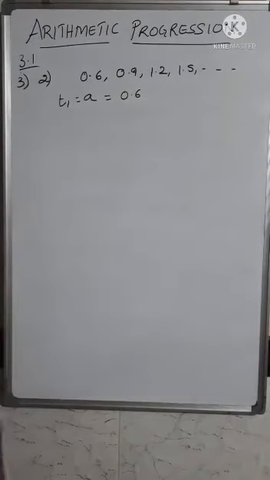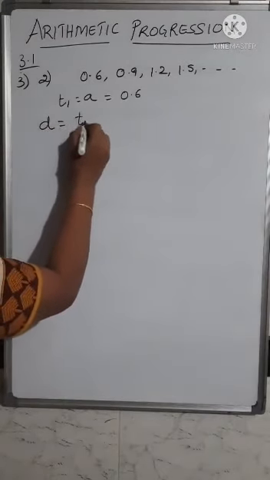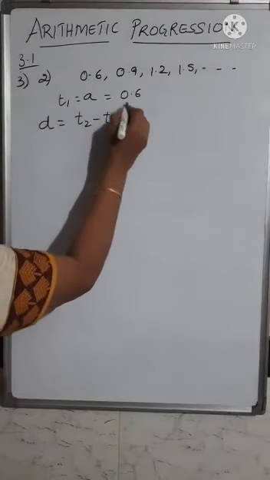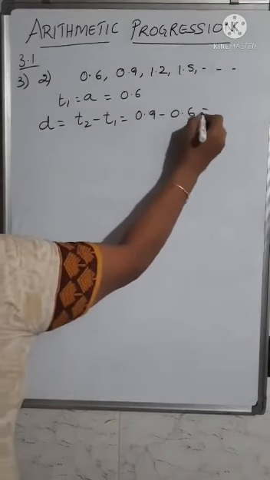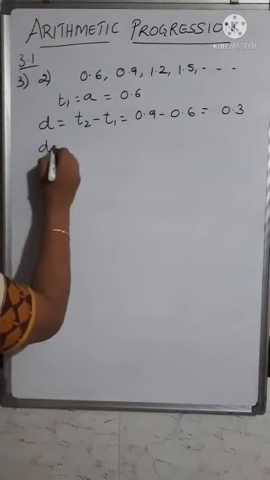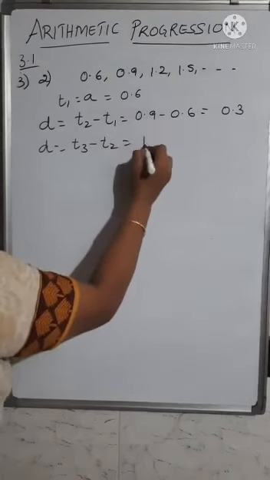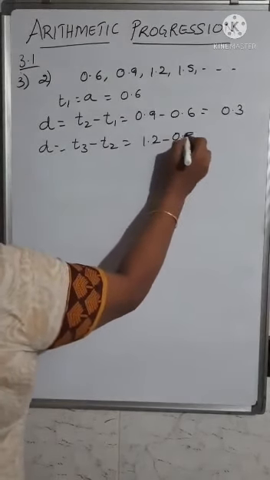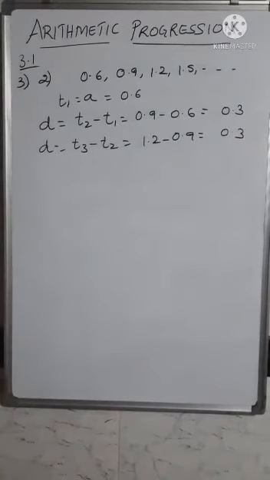Now you have to find the common difference. Common difference is equal to T2 minus T1, which is 0.9 minus 0.6, which is equal to 0.3. Now find T3 minus T2. T3 is 1.2 minus 0.9, which is again 0.3.